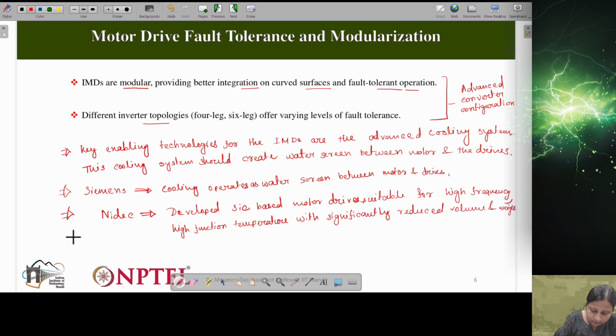Okay, so different industries are using different methods in order to use the system for IMD applications.